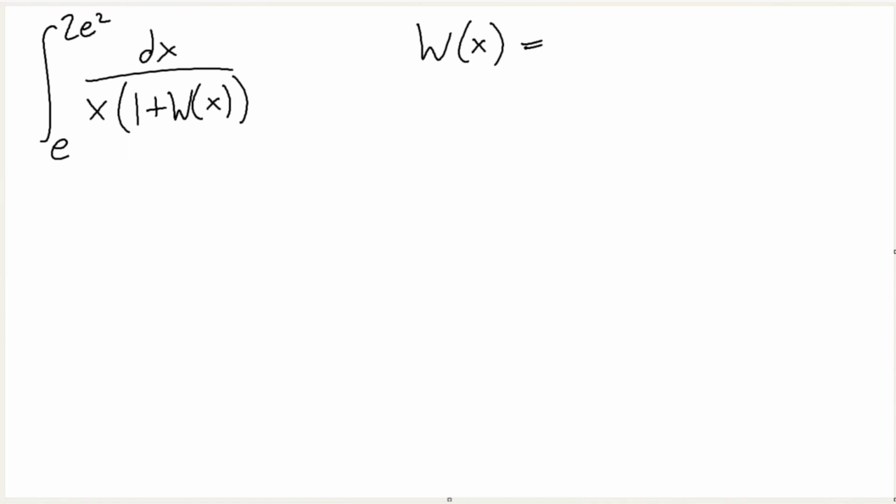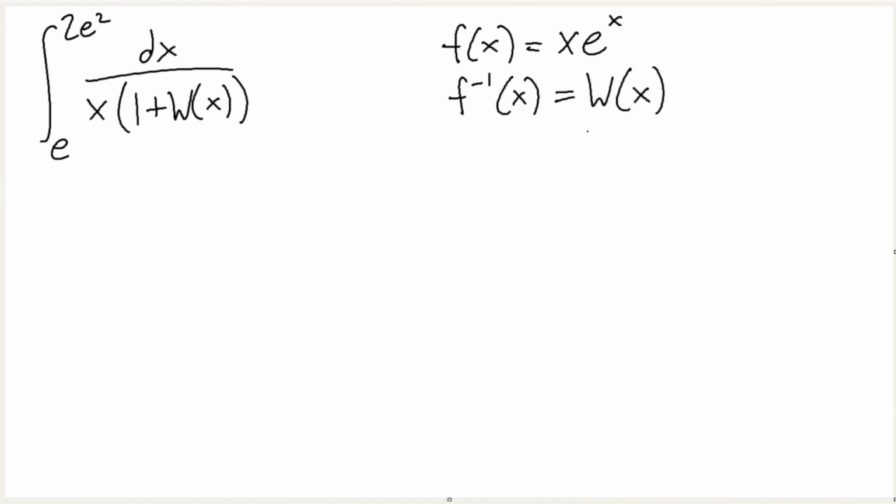Actually, let me rephrase this. You have a function x e to the x. Then the inverse function of this is the Lambert W function. That's what this is. It's the inverse of x e to the x.